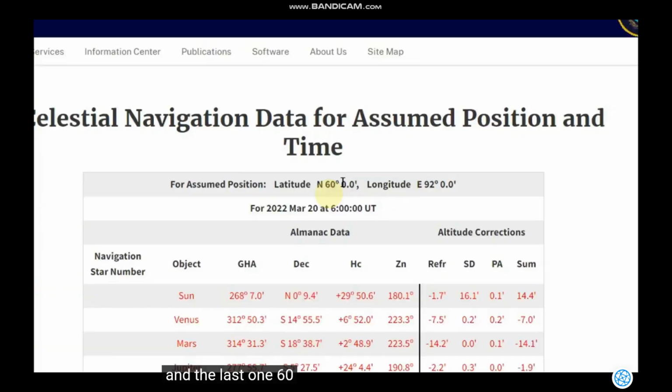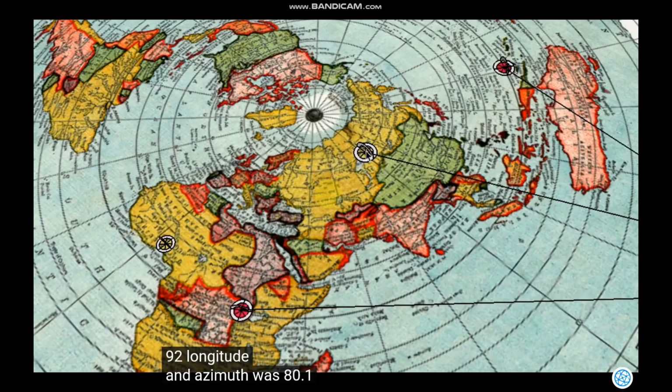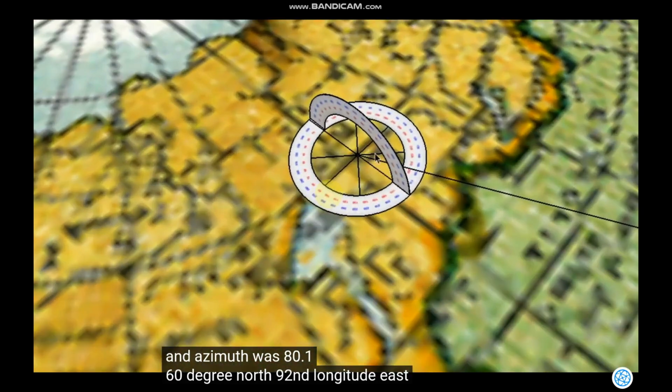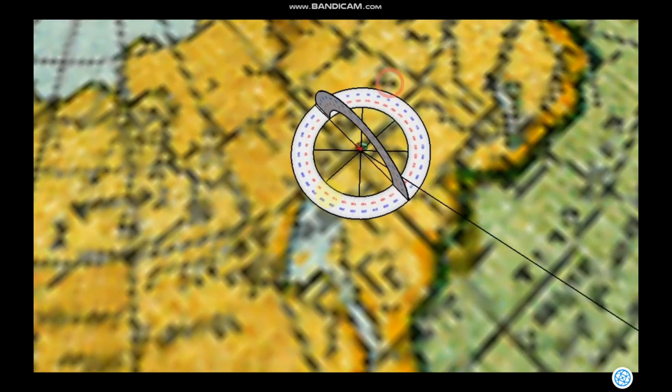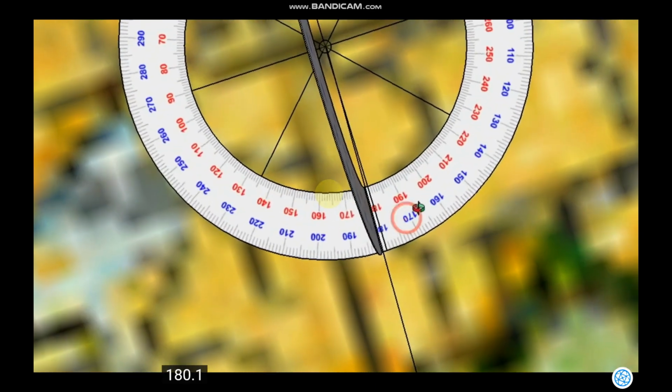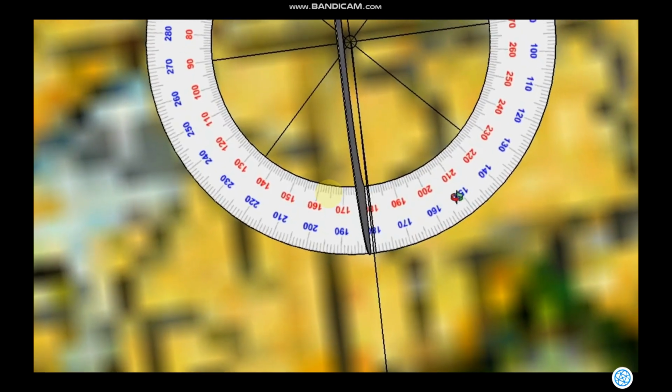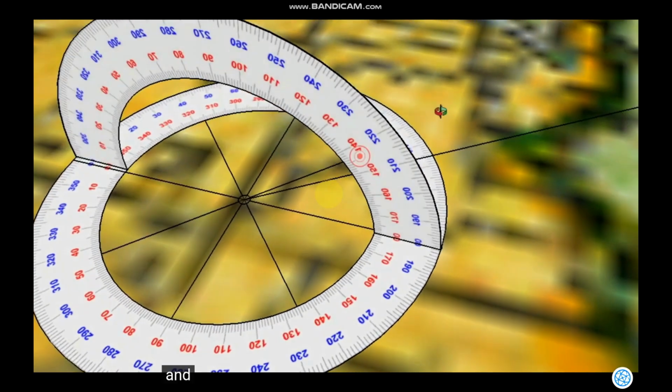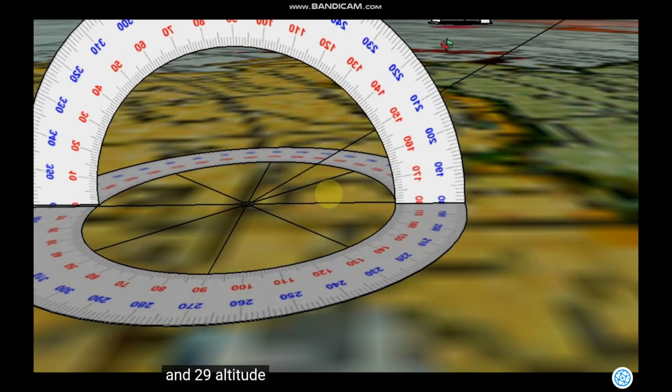And the last one, 60 degrees north, east 92 longitude, and the azimuth was 180.1. 60 degrees north, 92nd longitude east, and 29 altitude.